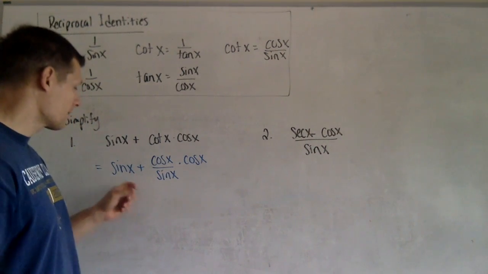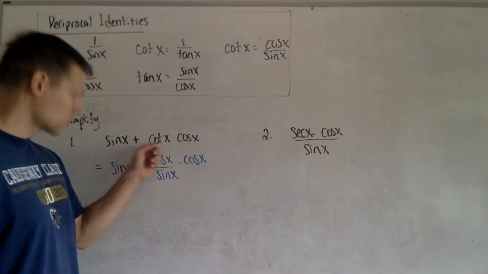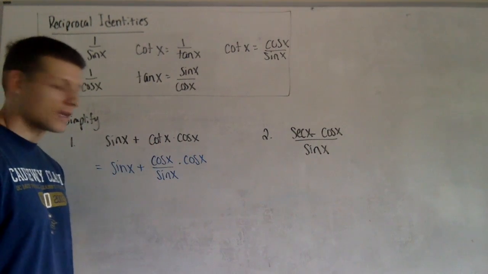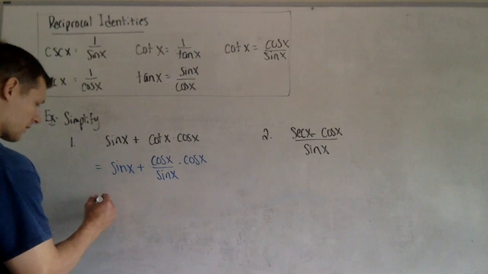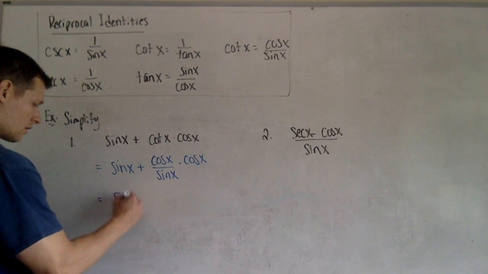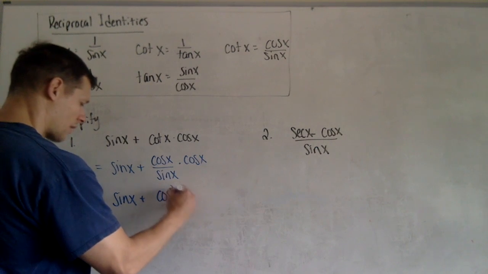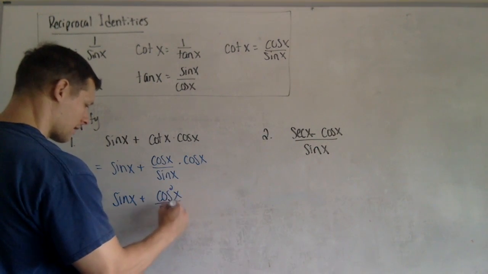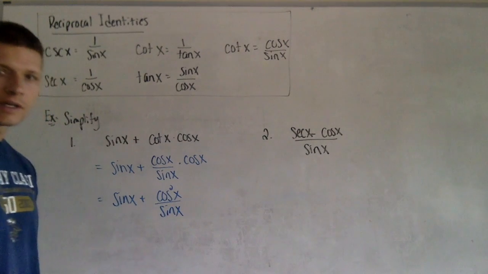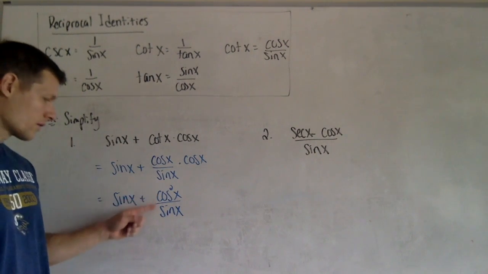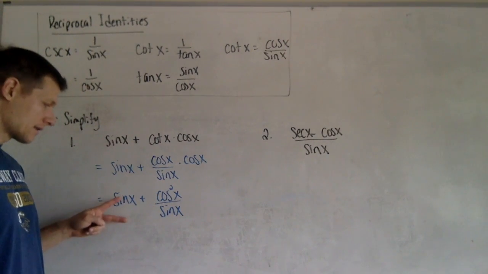But you'll notice that now, instead of sine, cotangent, and cosine, I just have everything in terms of sines and cosines. So this equals sine x plus cosine squared x divided by sine x.